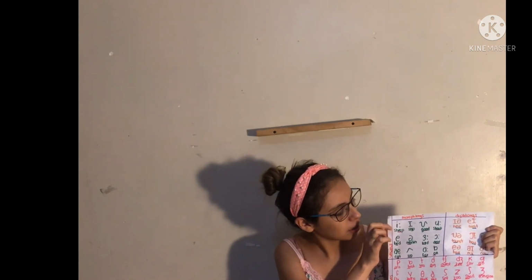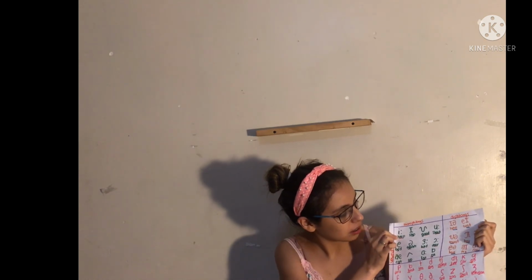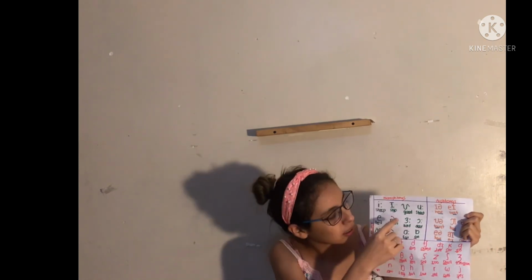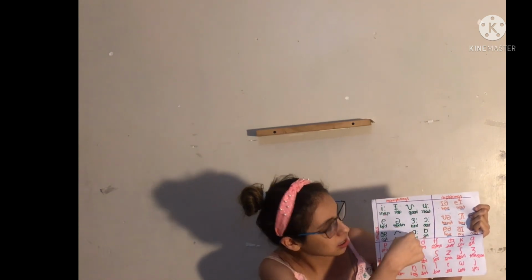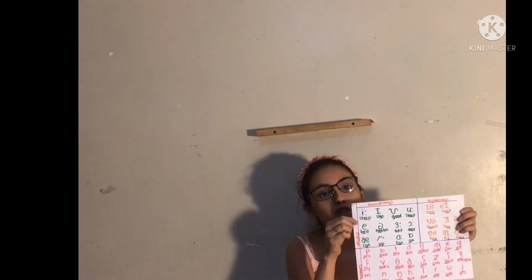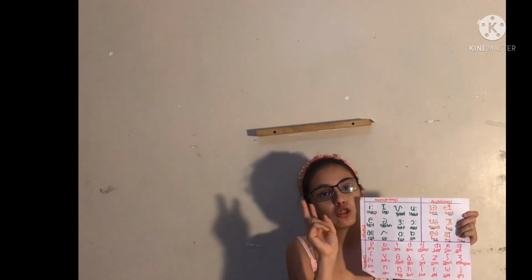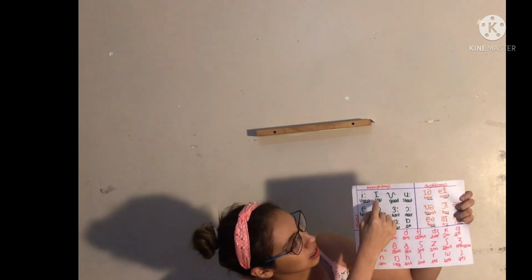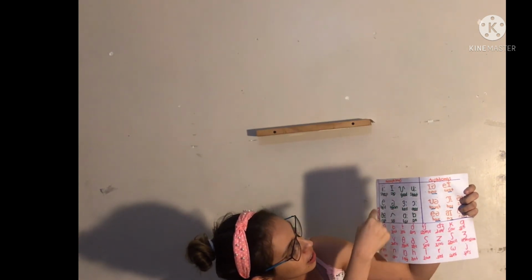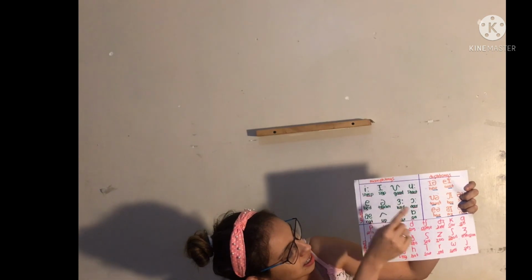These and these. Short vowels do not have two dots. And these, and these.